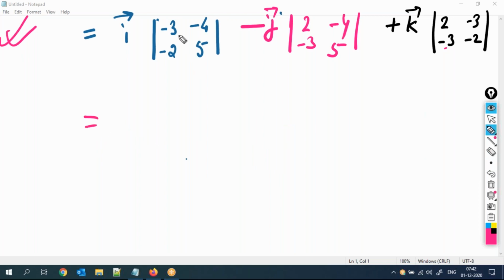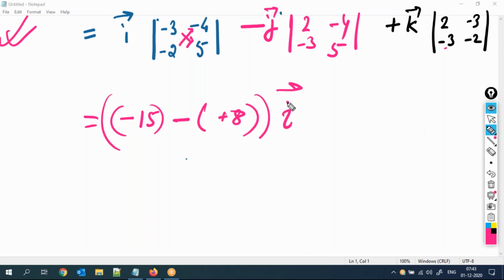It is very simple. This -15 and minus this one. How much? 8. Did you understand? Yes, sir. Can you tell me the second one? 5 into 2, 10.